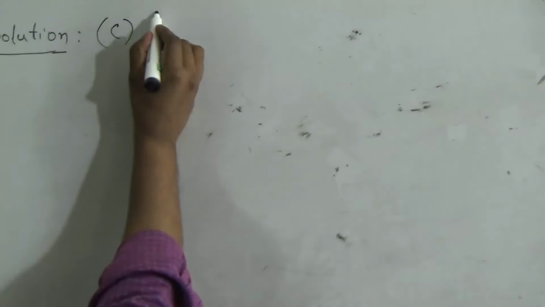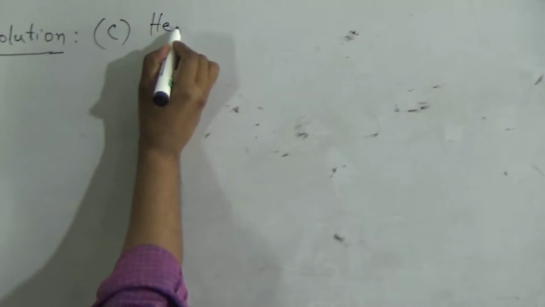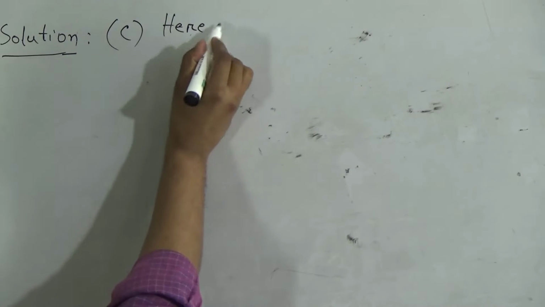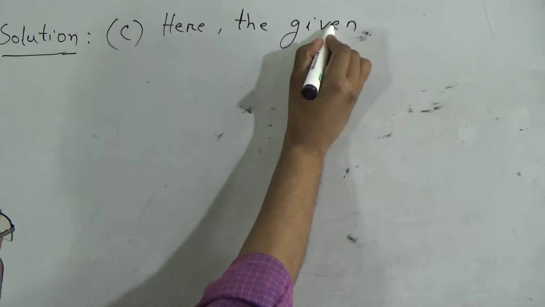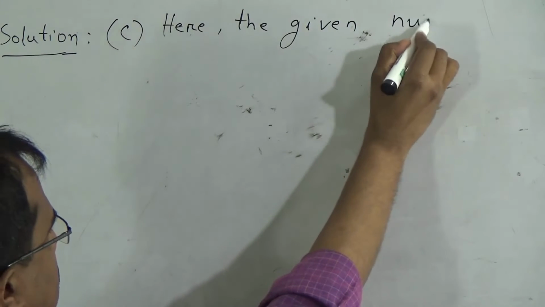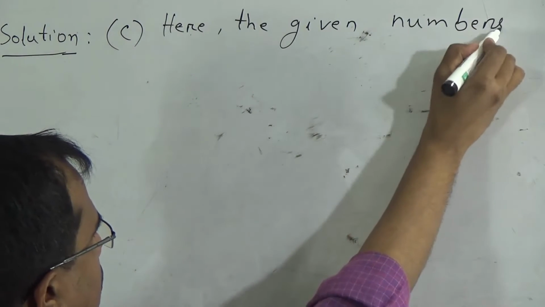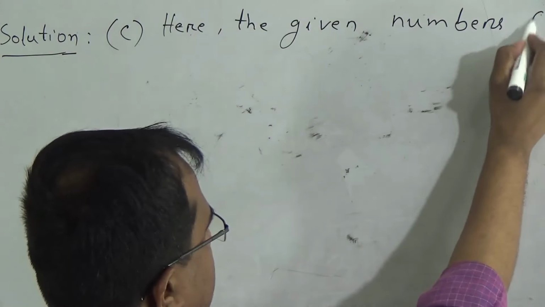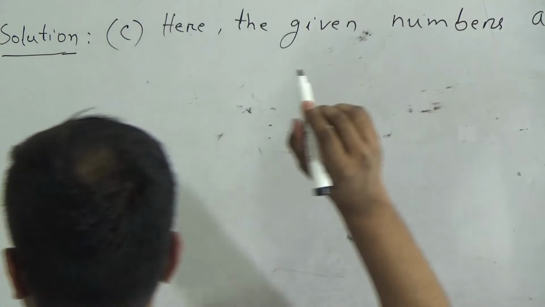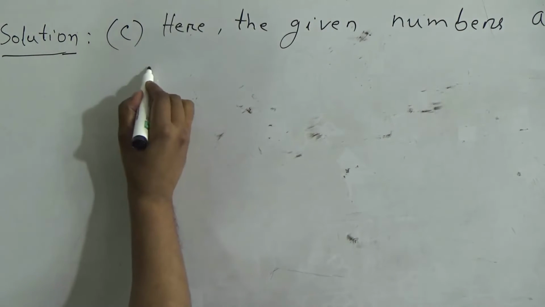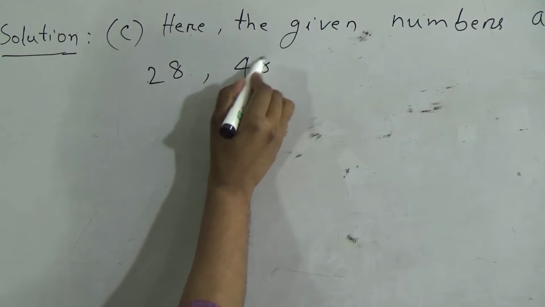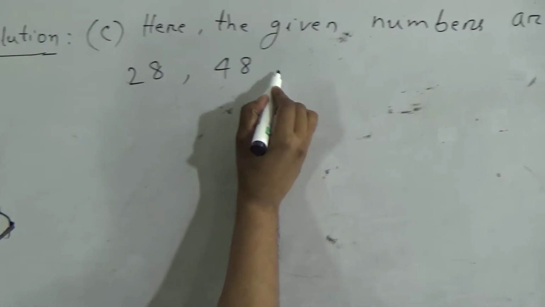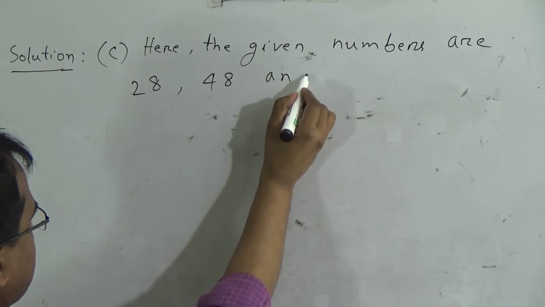At first we will write the given numbers. Here the given numbers are 28, 48 and 72.